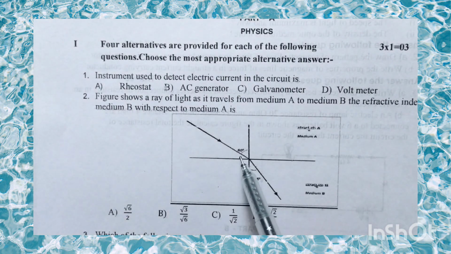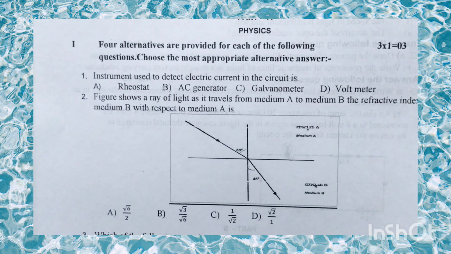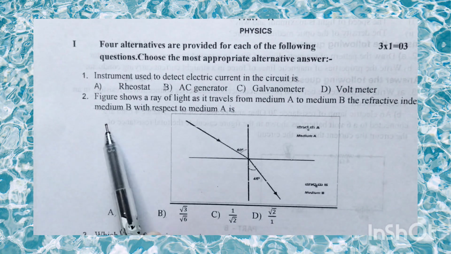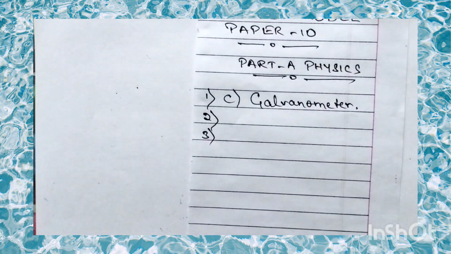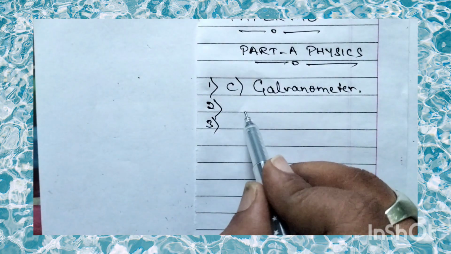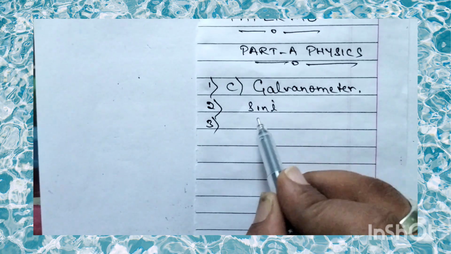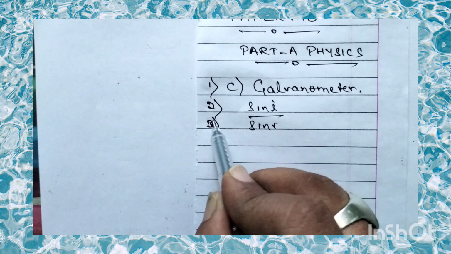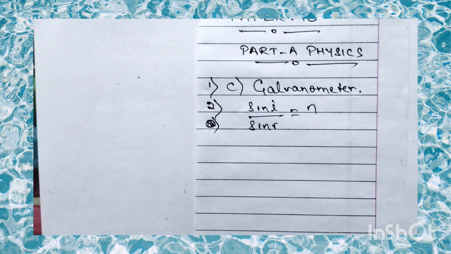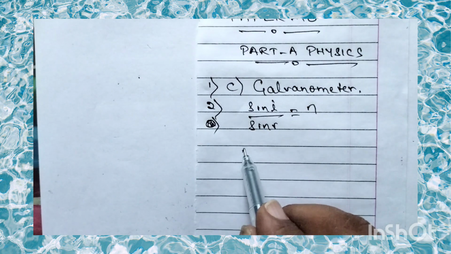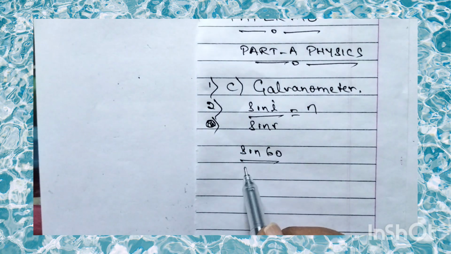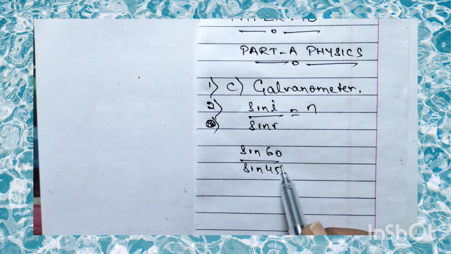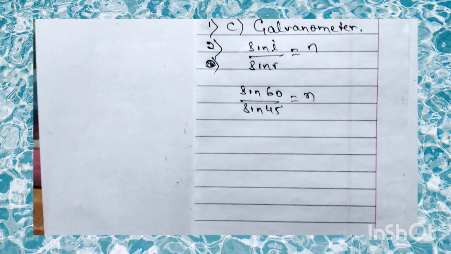Now let us find the refractive index of medium B with respect to medium A. For this we use Snell's law. According to Snell's law, sin i divided by sin r is equal to a constant, and that constant is called the refractive index. Sin 60 degrees divided by sin 45 degrees equals the refractive index.